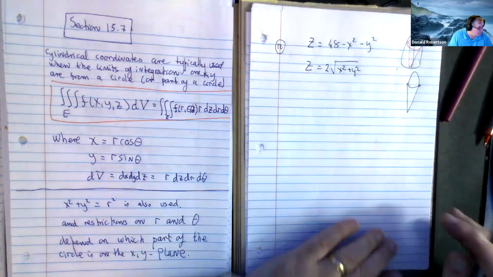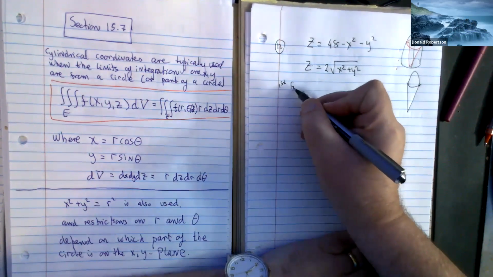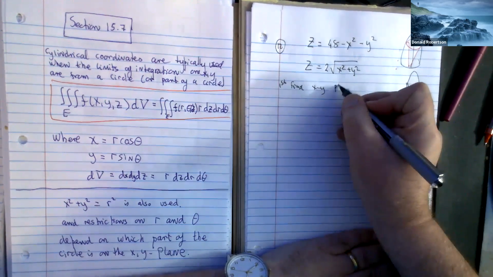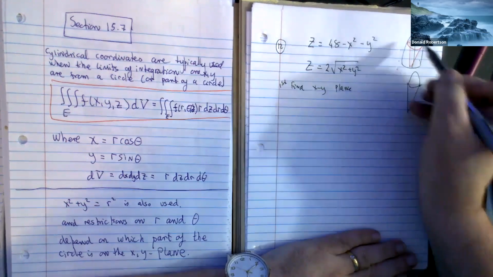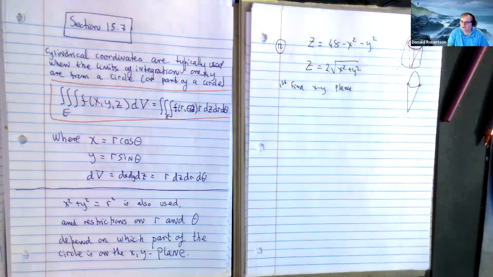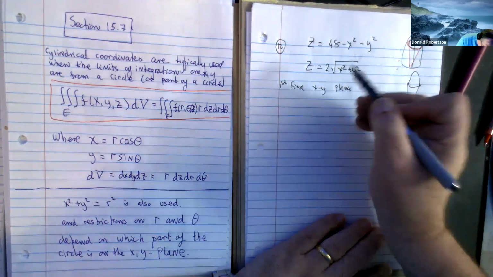So it's a very similar kind of situation. There's not an awful lot going on here. The first thing I need to do is find out what this thing looks like on the XY plane. Now I can tell that they're going to intersect on a circle, because when cones get cut, they tend to get cut in the form of a circle. And I have this guy, and I have this guy.